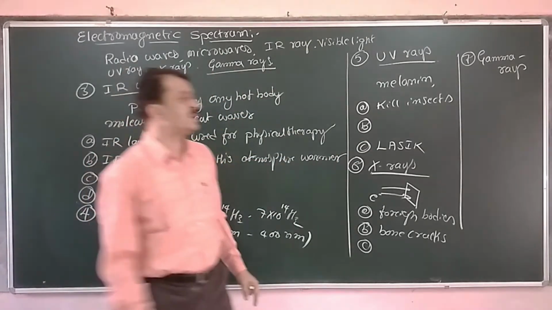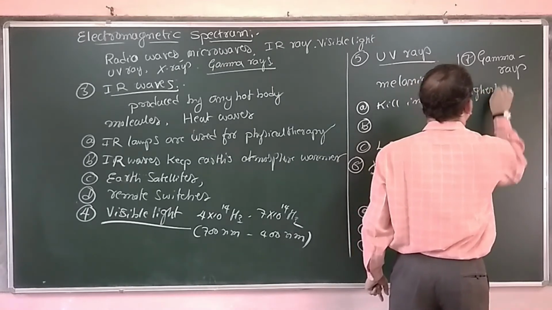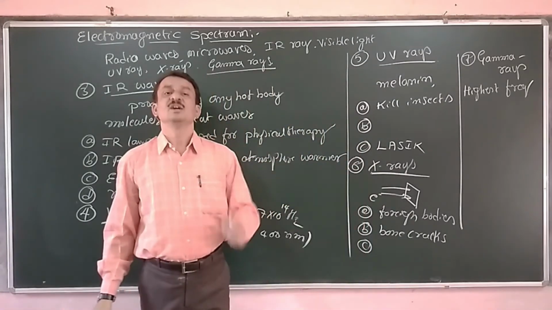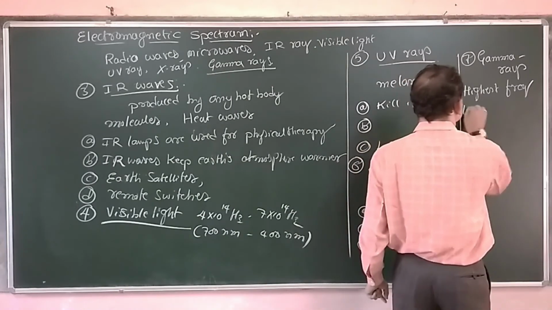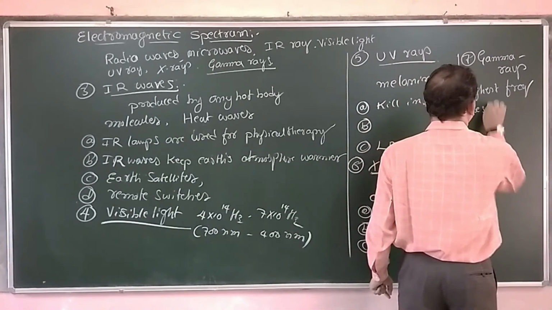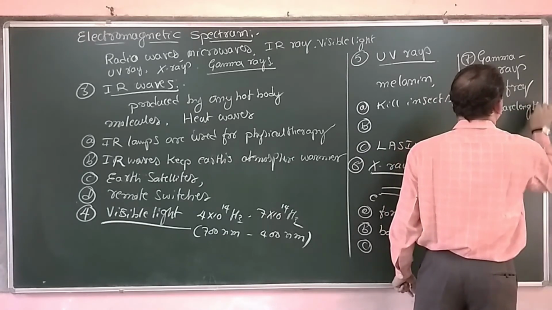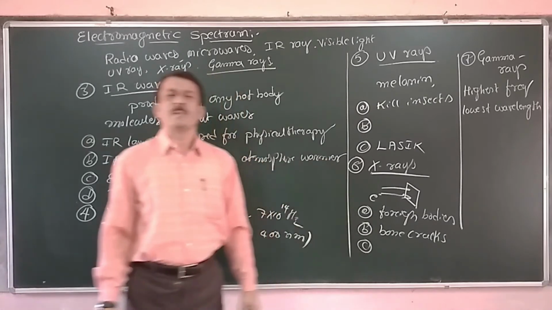In terms of frequency, highest frequency. In terms of wavelength, the lowest wavelength electromagnetic rays. The lowest wavelength electromagnetic waves are the highest frequency electromagnetic waves.